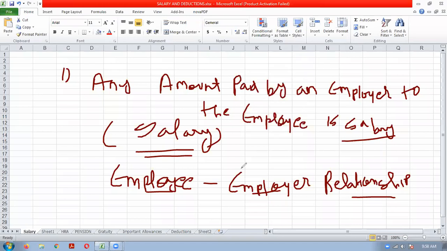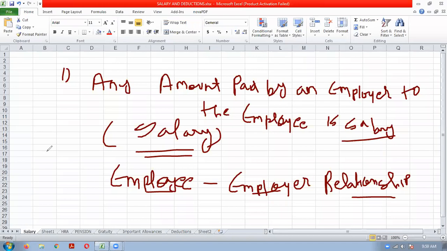Normally we see that a gift is taxed under income from other sources. But if an employer is giving a gift to an employee, subject to monetary limits, it will come under salary income only. So first thing you remember is that if there is a relationship of employer and employee, it will be salary income. Anything paid by an employer to an employee is salary.